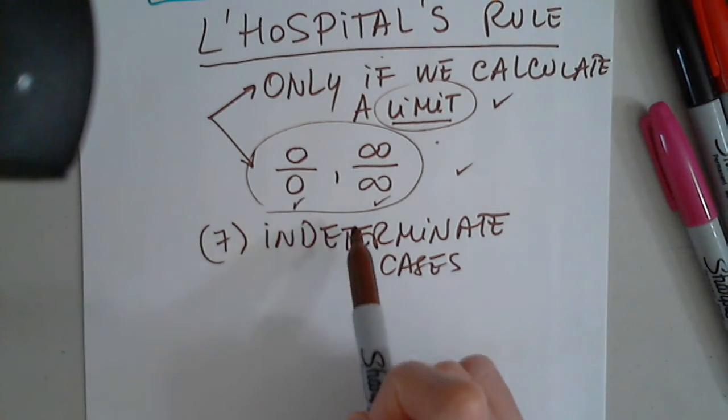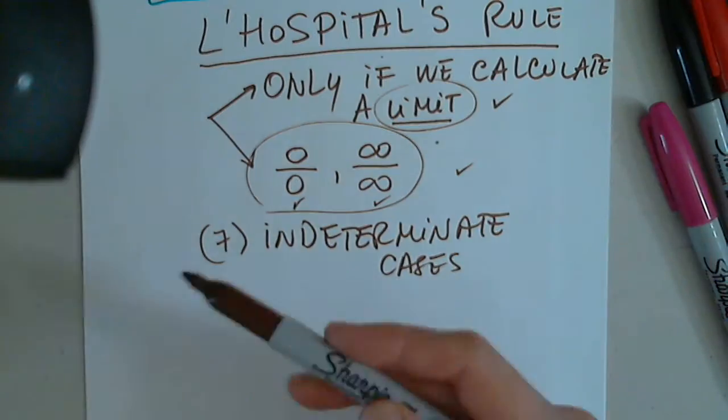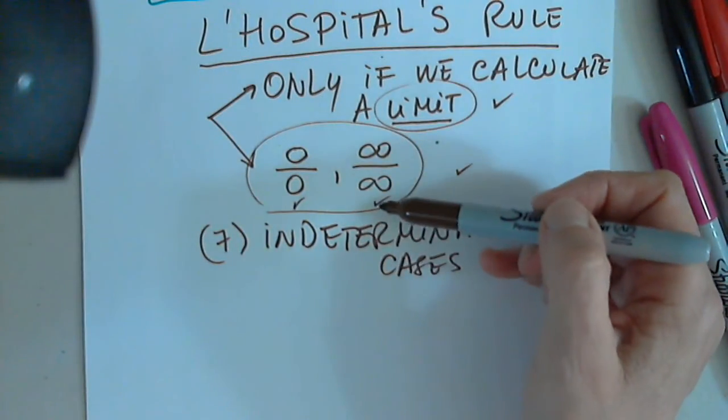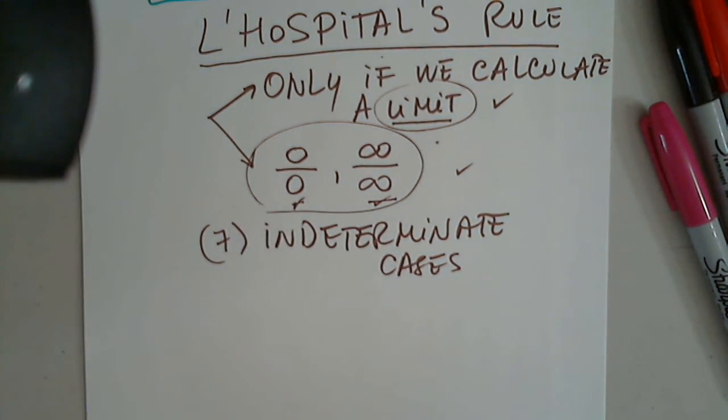And in any event, the other 5 are not using L'Hopital's rule unless we change them into these. So L'Hopital's rule is applicable only to these 2 situations. And I want us to look at a couple of examples, because I haven't explained the rule yet.